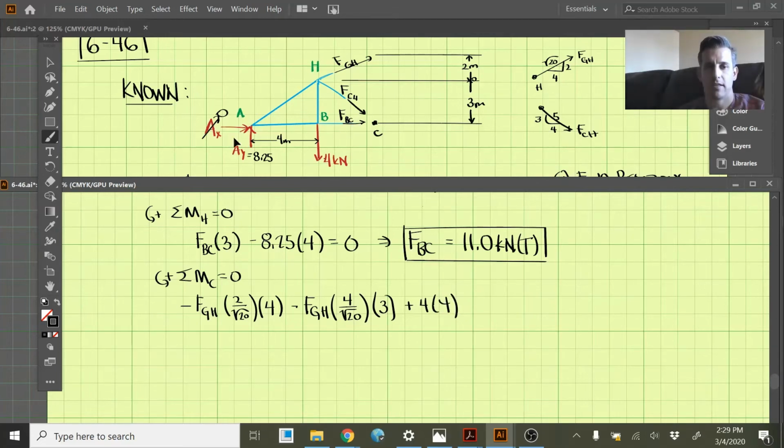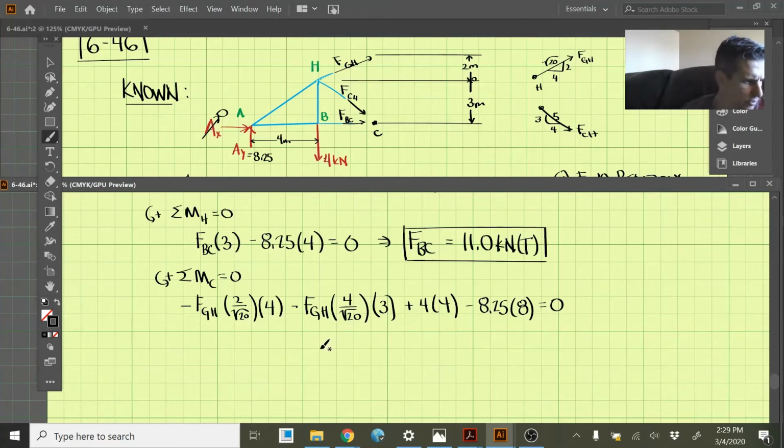And then we need to take into account AY here. So AY is 8.25, and it's going to create a clockwise moment, so it should be negative here. So 8.25, and the distance it's acting away is 8. Okay, and setting that equal to 0.